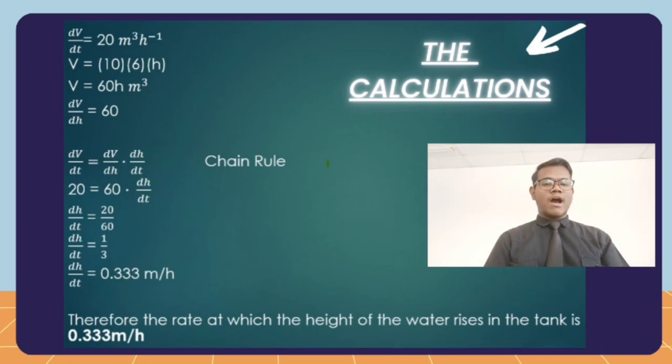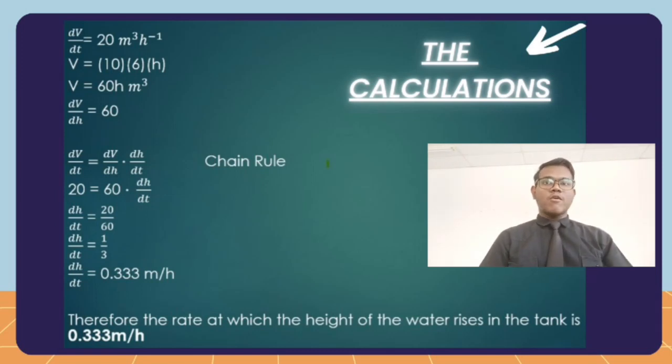After we have done everything, we should use the chain rule, which is dV per dt equals dV per dh times dh per dt. So dV per dt is given, which is 20. dV per dh we have already found, which is 60, and dh per dt we should find now.